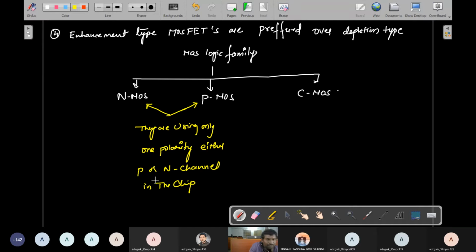Whatever chip we design using these MOSFETs, in either PMOS or NMOS they use only one polarity, either P or N type channels in the chip.